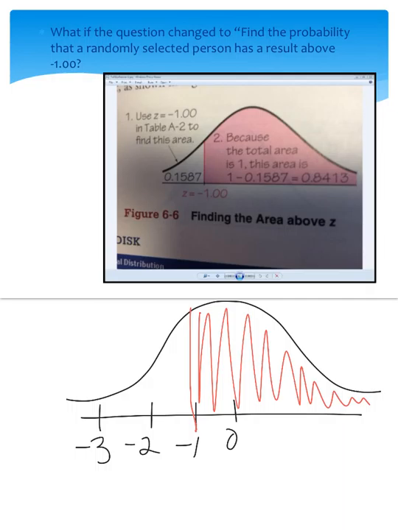But remember, the table is going to give me area to the left. So when I look up -1, it's going to give me 0.1587. Since I know this entire thing adds to 1, I can subtract that number from 1 to get the area to the right, which is what we actually are interested in.